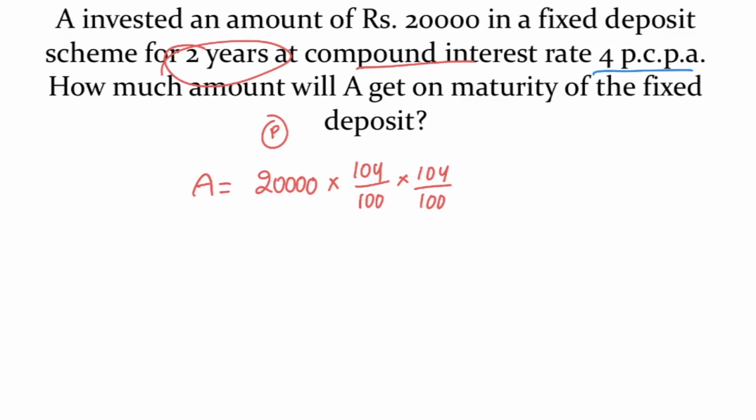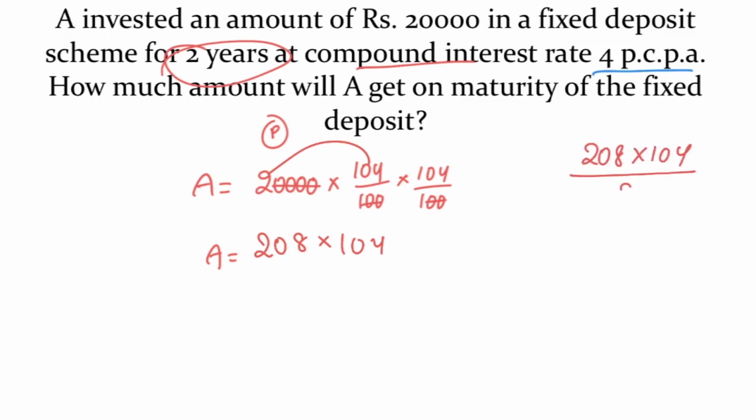Now 2 zeros cancel, 4 zeros cancel. Amount is equal to 2 into 104, 208 into 104. 208 multiplied by 104, 4 8 times 32, 4 2 times 8, 0. 1 208 times 208, 21632.